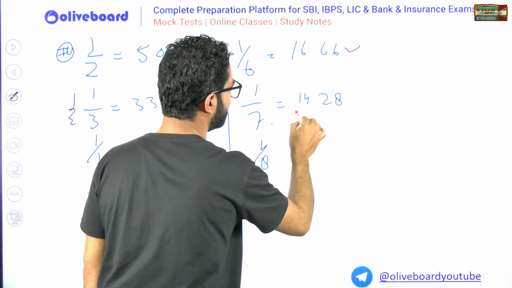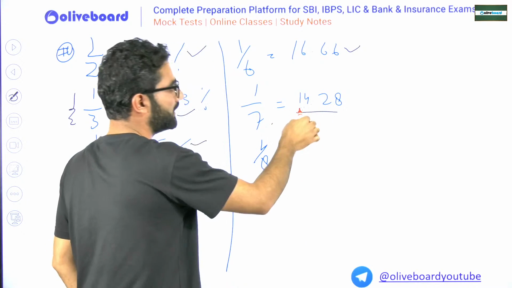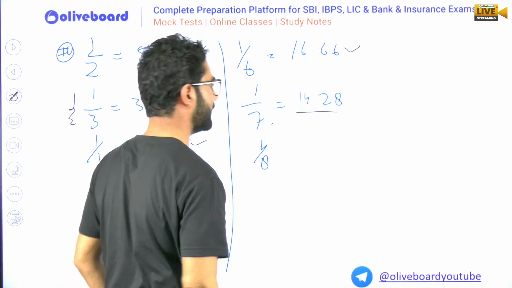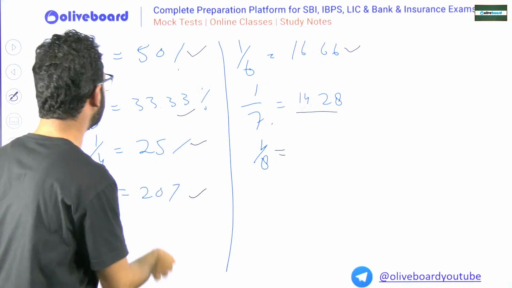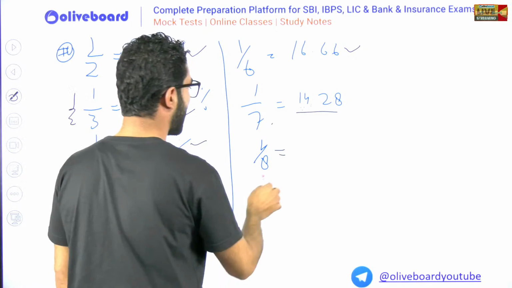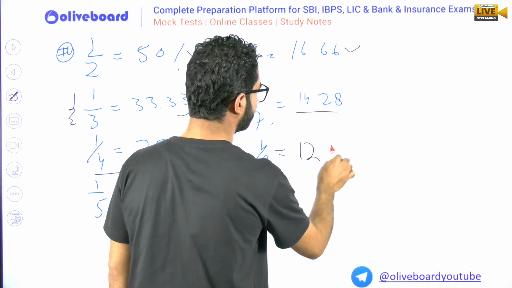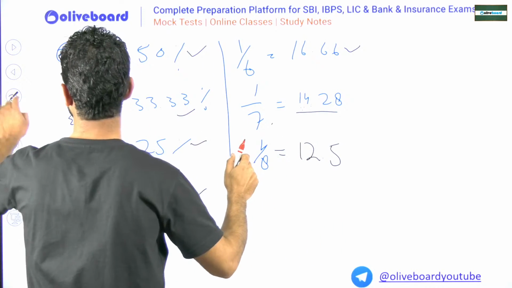For 1/7, you can remember it like 7 twos are 14, and then multiply by 2, it is 28. To calculate 1/8, just take 1/4 and divide it by 2. It will be 12.5.